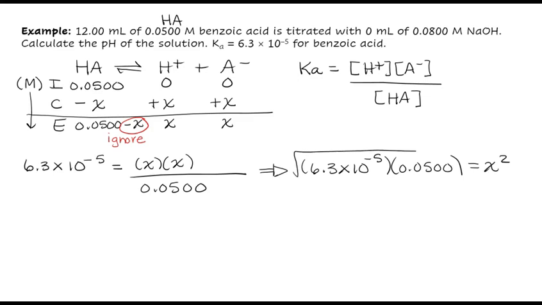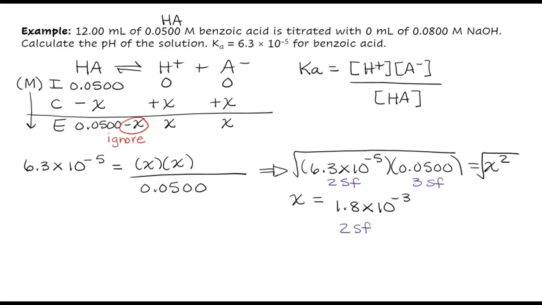If we take the square root of each side, then we'll end up with x equals something. Taking a look at our sig figs, we have 2 sig figs in Ka, 3 in our molarity. So when we solve for x, we will round that to 2 sig figs. So doing the math, we have the square root of 6.3 times 10 to the negative 5 times 0.0500, and that gives us, rounded to 2 sig figs, 1.8 times 10 to the negative 3.